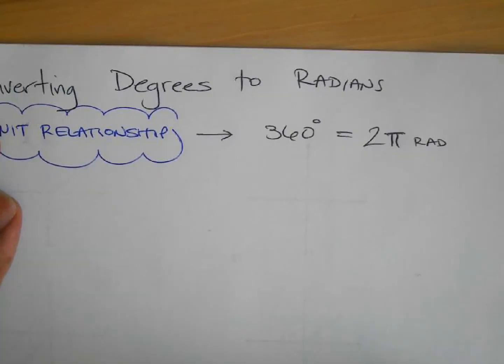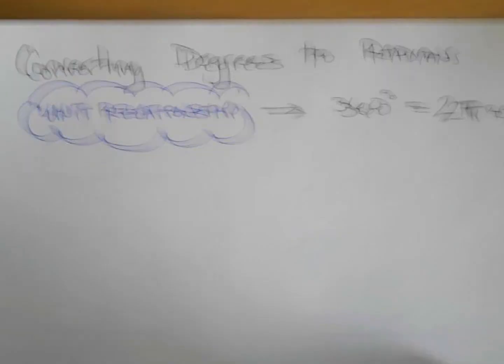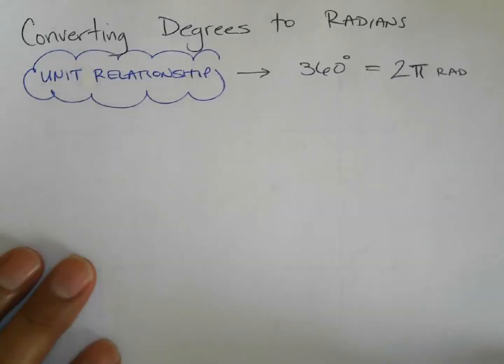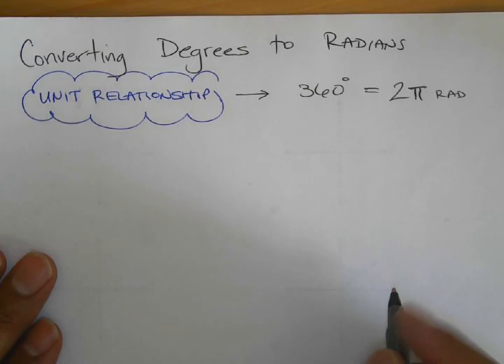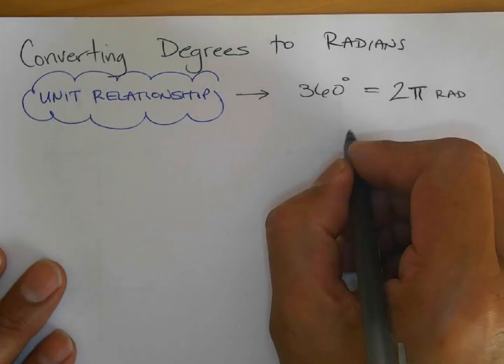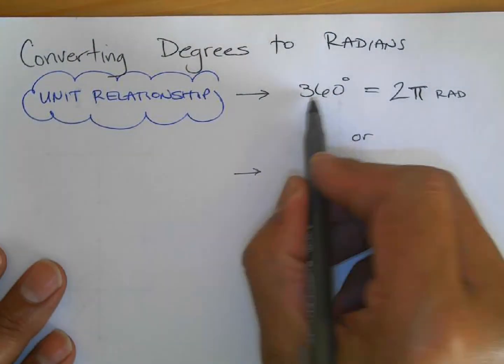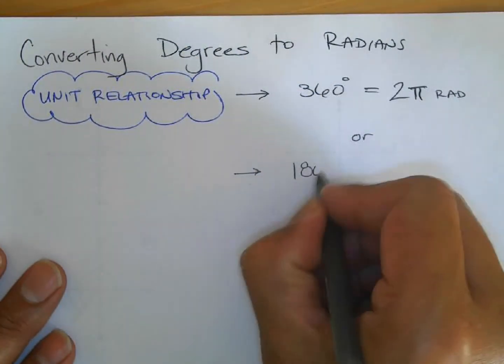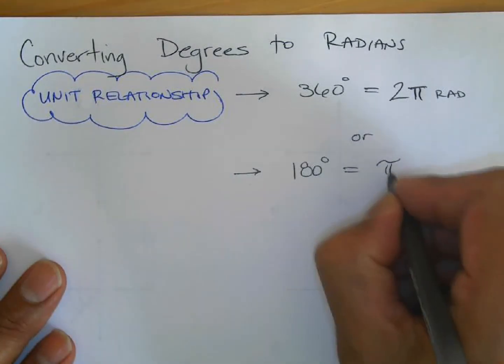Or we can use, remember, divide by 2, much easier to use: 180 is equal to what? 1 pi radian.